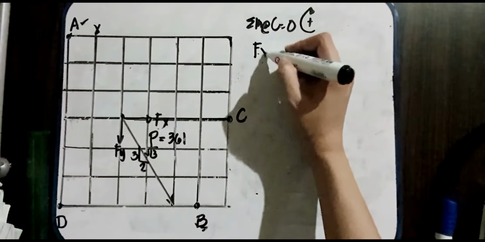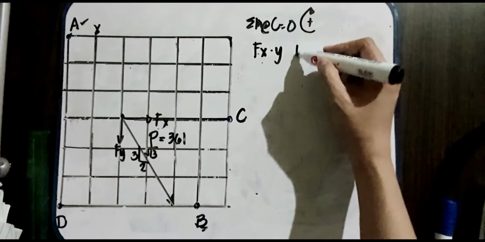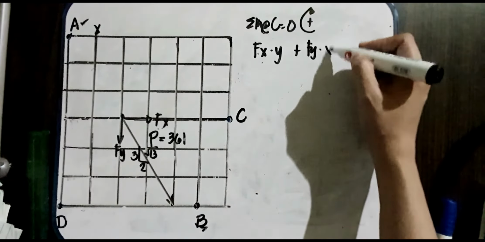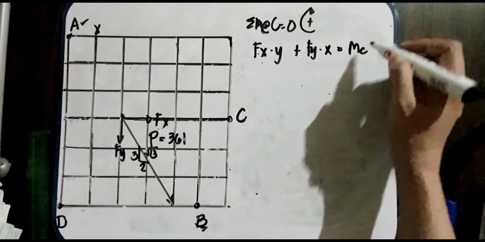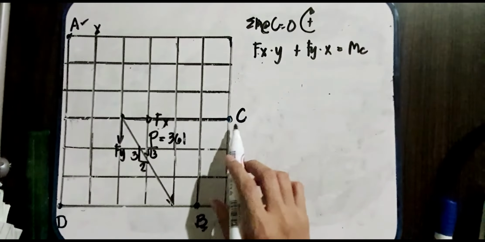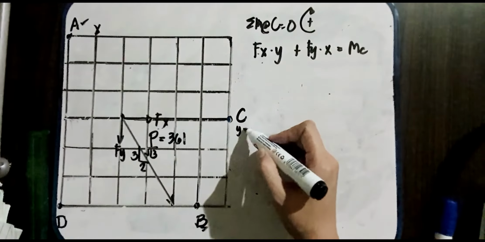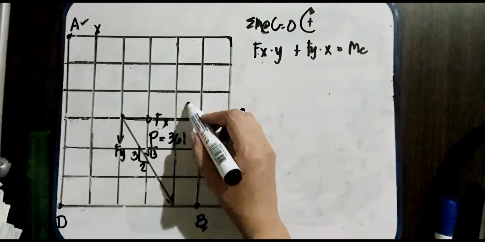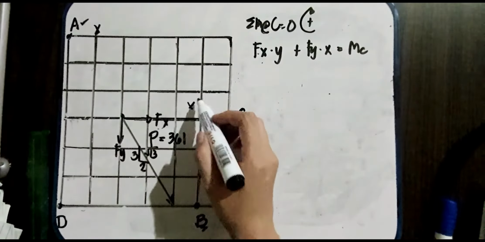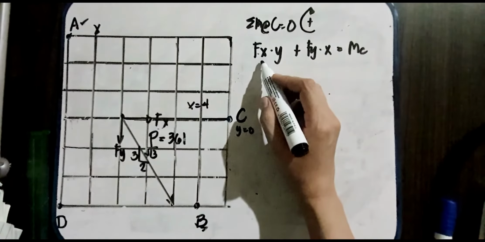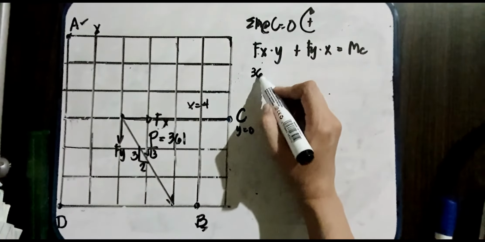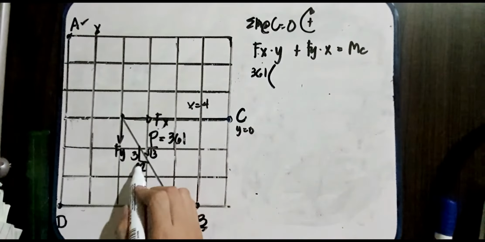Okay, for moment C naman, hanapin ulit natin si fx multiplied by y and fy multiplied by x is equal to your moment at C. So, hanapin natin yung C. So, as you can see, wala na naman tayong y, pero meron tayong x. Ano yung x natin? 1, 2, 3, 4. So, 4 units. So, kunin natin yung fx, which is 361 times 2, ito yun ha, horizontal.